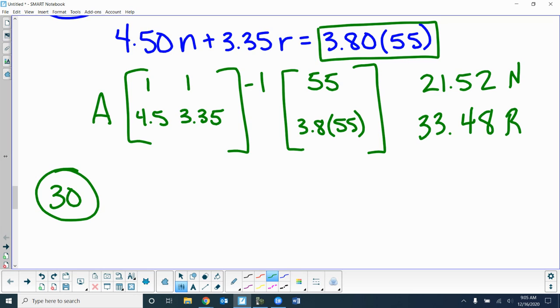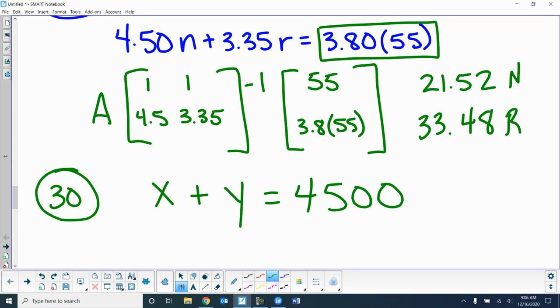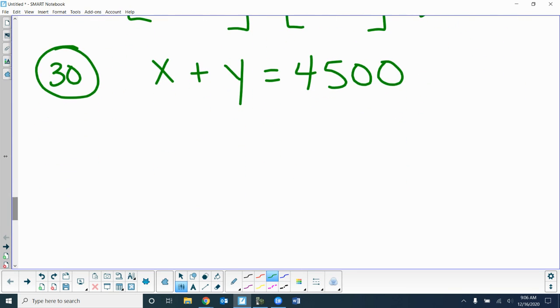Okay? So this person has $4,500 that he's splitting up. So the amount of money in the one investment plus the amount of money in the other was the total amount of money he had to invest. So this amount was 6% interest, so you multiply by 0.06 when you put it in the equation.